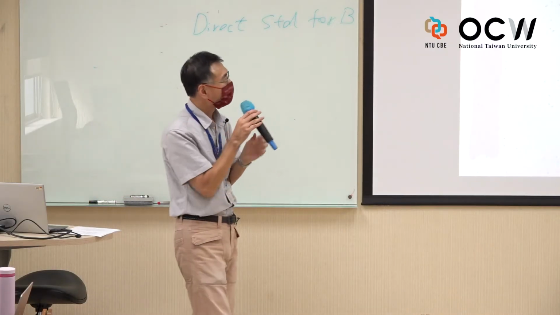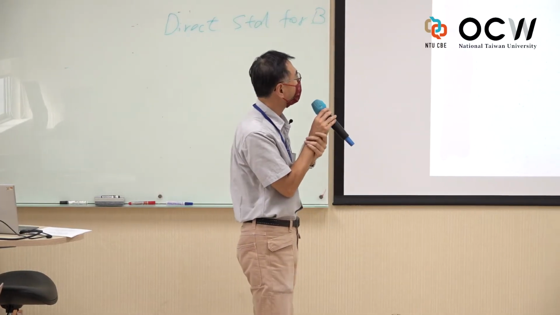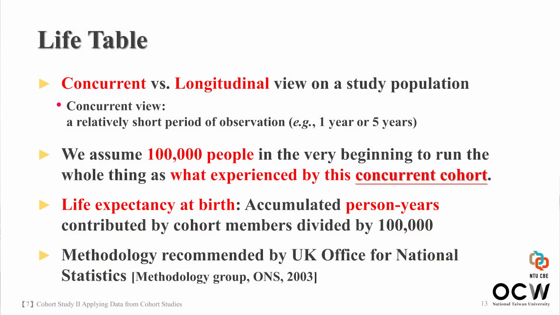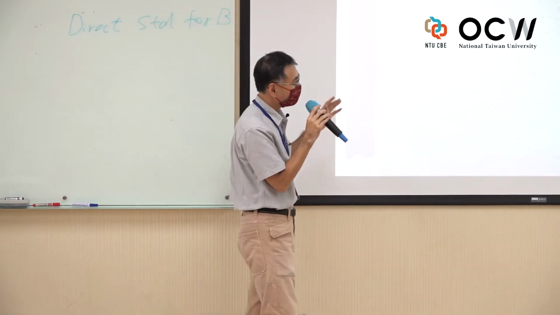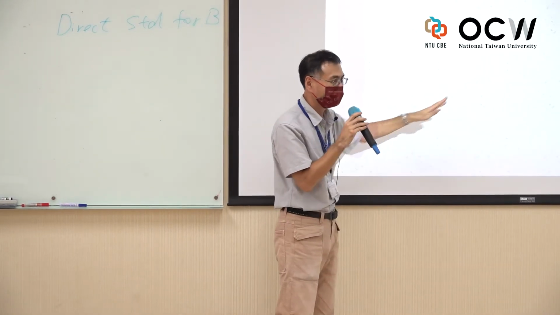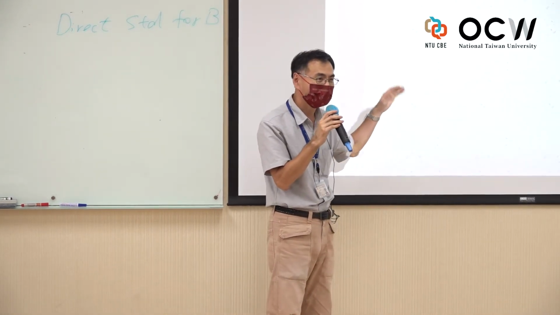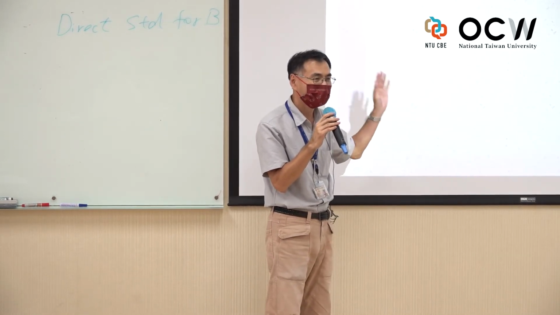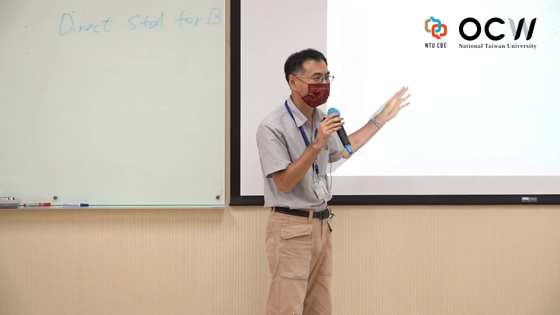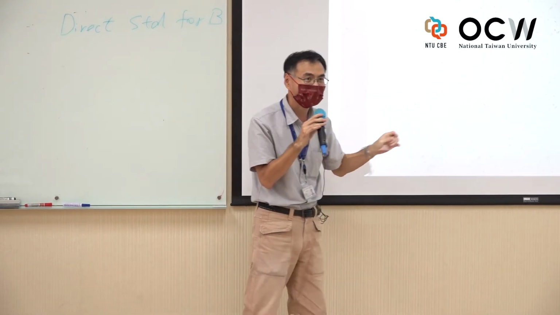Okay, but first of all, I have to revisit the idea about a concurrent view or longitudinal view on a study population. Remember the curve about lung cancer mortality for a very long-term follow-up cohort study. It makes more sense with the longitudinal view based on the birth cohort, remember? So it's always going up, which makes more sense because we already know that lung cancer is more related to cumulative exposure by age.